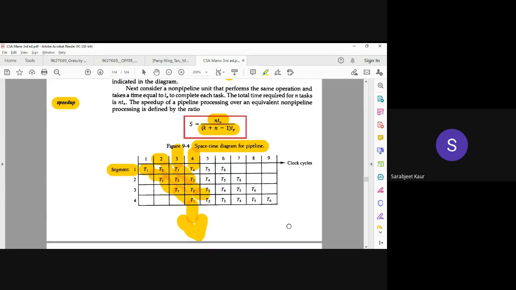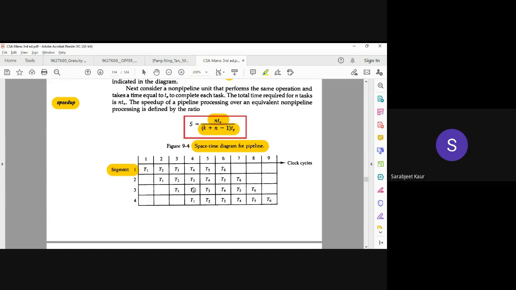So this is what you have to show. Generally they will ask you whether the number of segments is 5 or 6 or 3, and the number of clock cycles is so many, and the number of tasks is, let's say, 3 or 4 or 5 or 6 or 7 or 10. You just have to draw this.